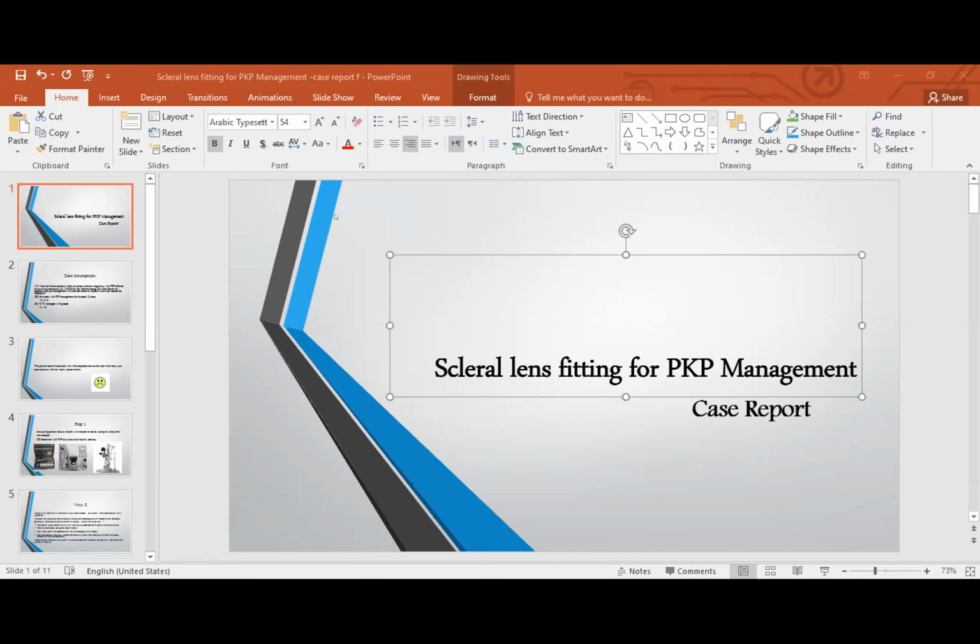No, for the fitting. In general, if I want to choose a specific material for a specific patient, what should I depend on to choose? There's a Contamac, there's a Boston. Maybe sometimes I'm confused. I don't know what I should use for some cases.